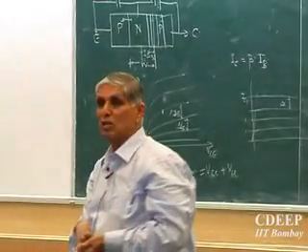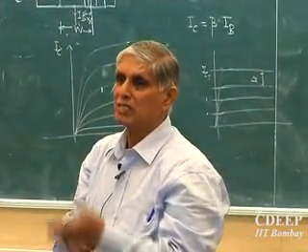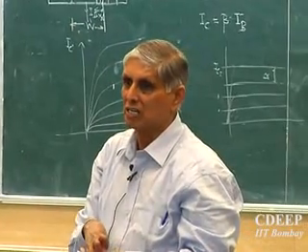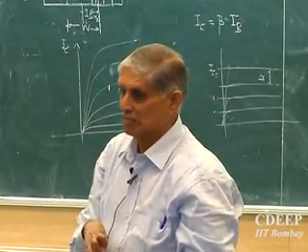If I change VBC, I can change beta, and therefore I can change the IC to IB ratio as I see a different VC value. This effect was called base width modulation, first suggested by James Early, and therefore it's called the Early effect.